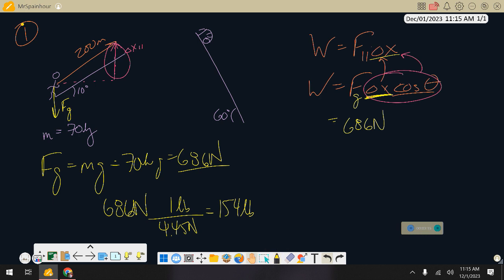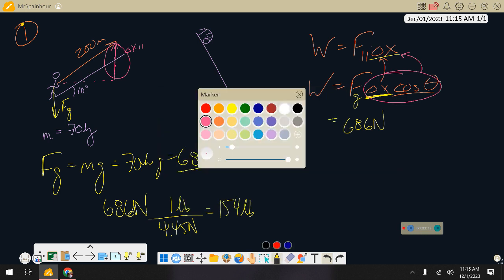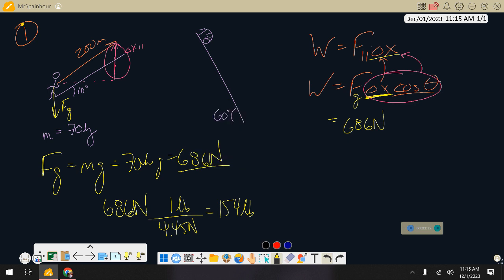So, okay, my total displacement is, as we already said, 200 meters. But this angle, as we've said, must be measured between the force and the displacement.